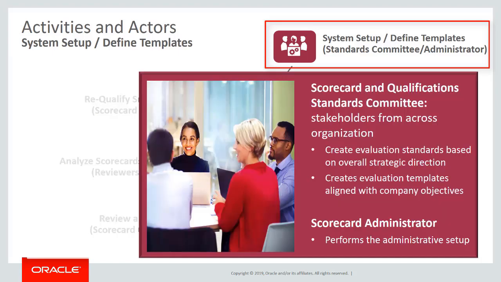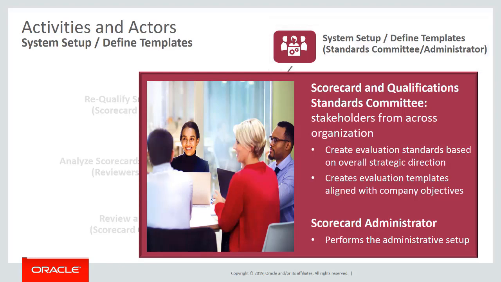The main actor in this step is the Scorecard and Qualifications Standards Committee. The Standards Committee meet regularly to define standard evaluation template criteria, such as what questions to ask and how each question is weighted and scored. The Standards Committee appoints the Scorecard Administrator. The Scorecard Administrator's duty is to configure and set up this foundation data, which includes the setup of evaluation templates.